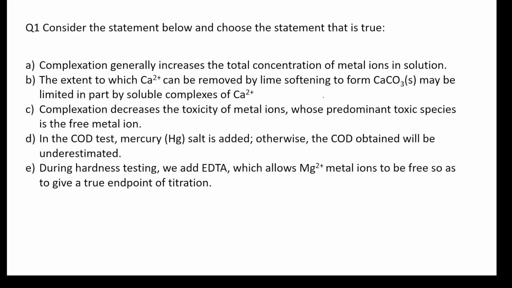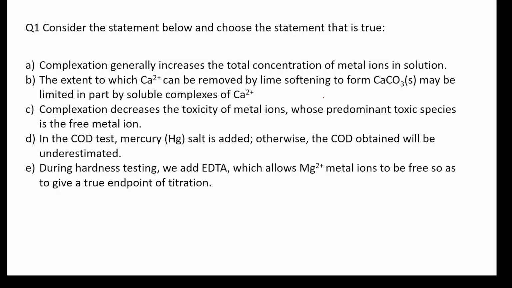Okay, so what is complexation? It will take the metal ion and form a complex. So it generally increases the total concentration of metal ions, or the extent to which calcium ion can be removed by lime softening to form calcium carbonate may be limited in part by soluble complexes of Ca2+.